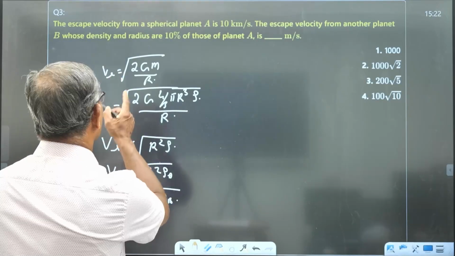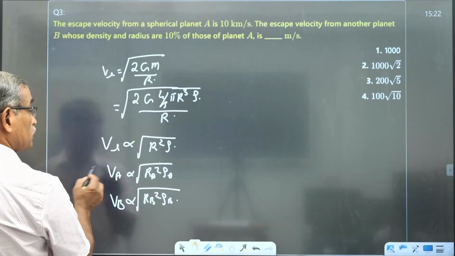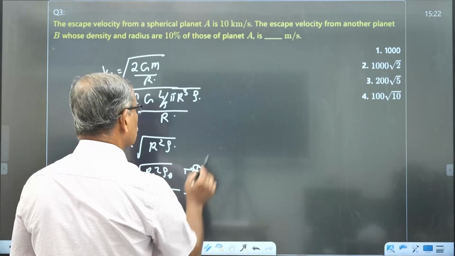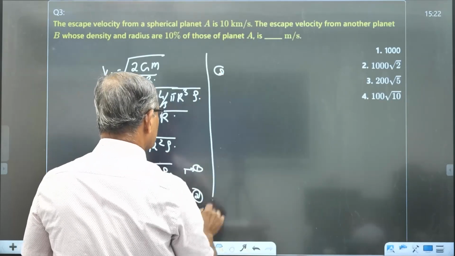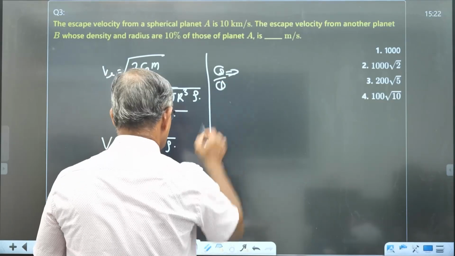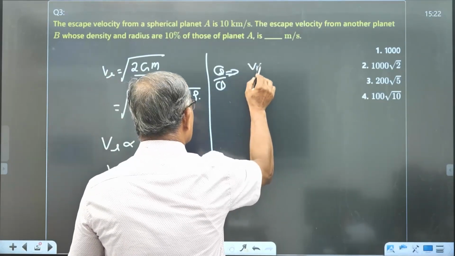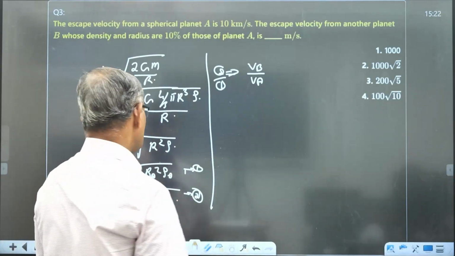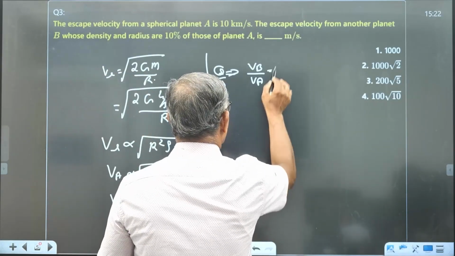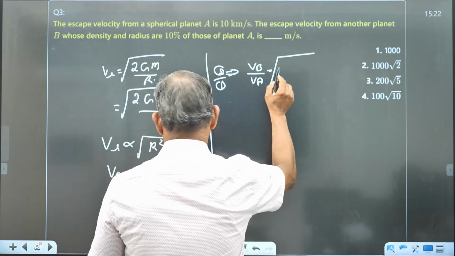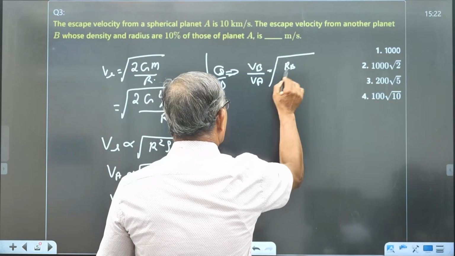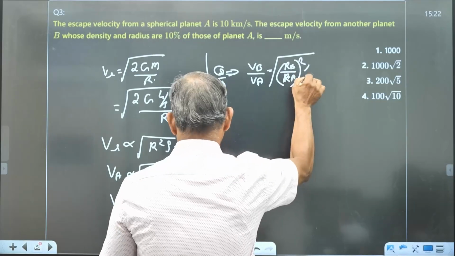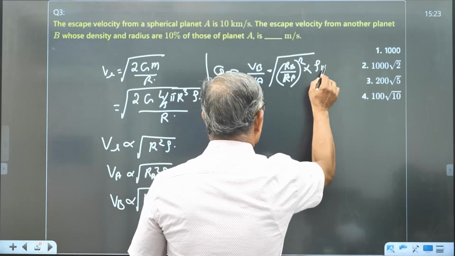Now V_A is given to you, for the first planet. Now dividing, this is equation 1 and this is equation 2. 2 by 1 gives you V_B by V_A, and V_A is 10, given to you. It's equal to root of (R_B by R_A) whole squared into rho_B by rho_A.